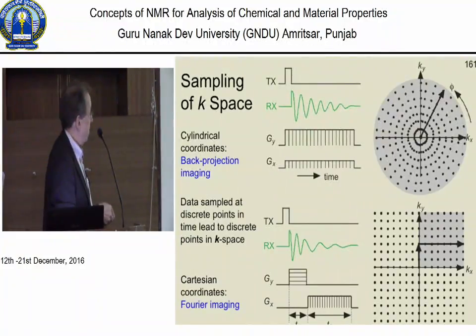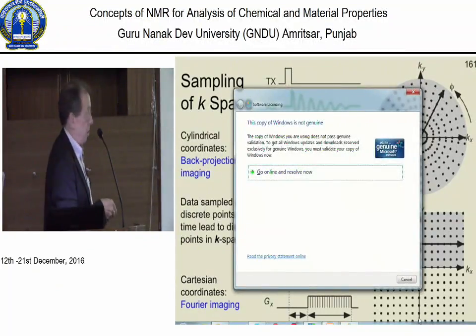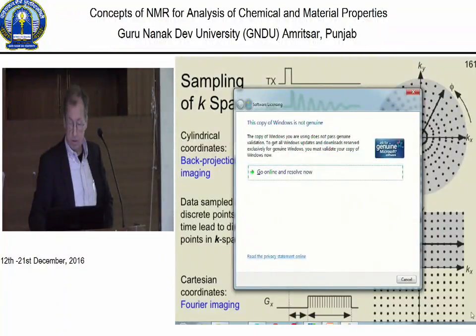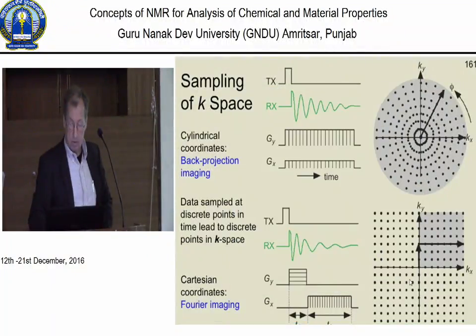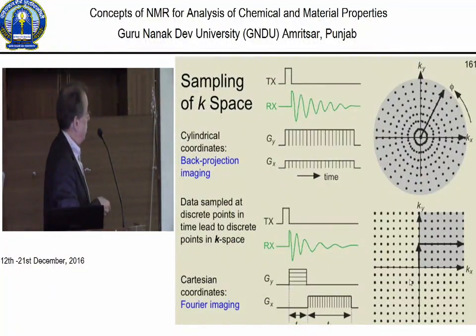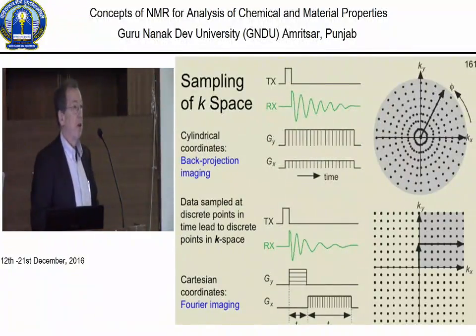So during this time you measure a line in k-space, kx, that's the x gradient, and the value along ky, the value in the y direction is defined by the gradient integral, by the integral or the area underneath that gradient pulse in the y direction. And that allows you then to sample step by step all data points in two-dimensional k-space.